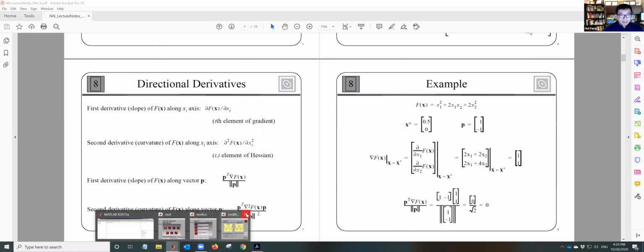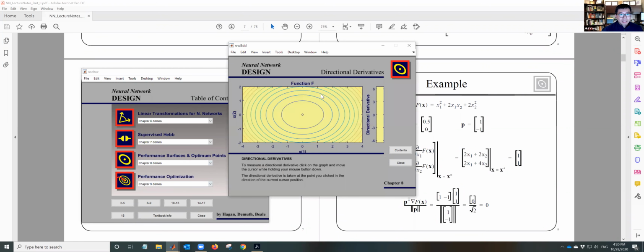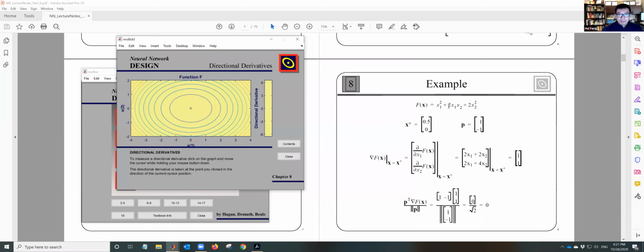Let's have a look at how this works. Directional derivatives. Let's first finish this example. This is a function. If we have a particular location x star at 0.5, 0, and a vector p, obviously at this particular location we have derivatives.